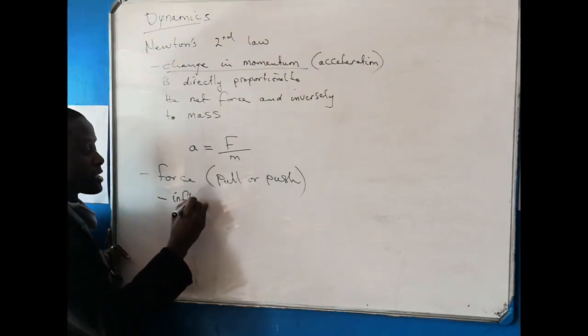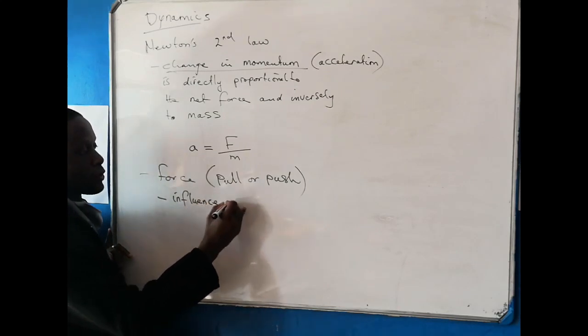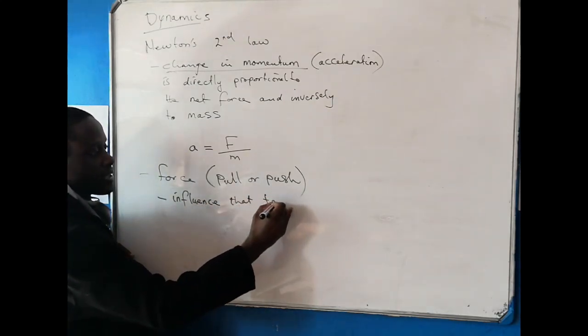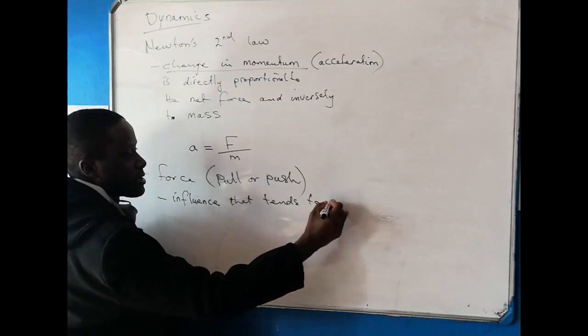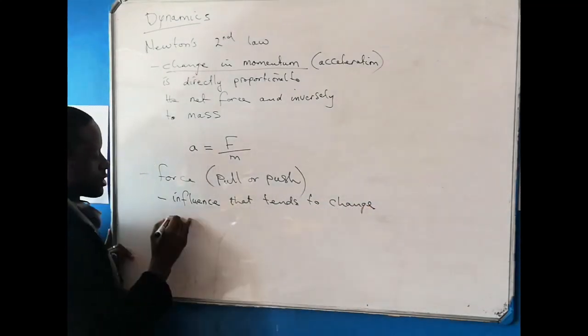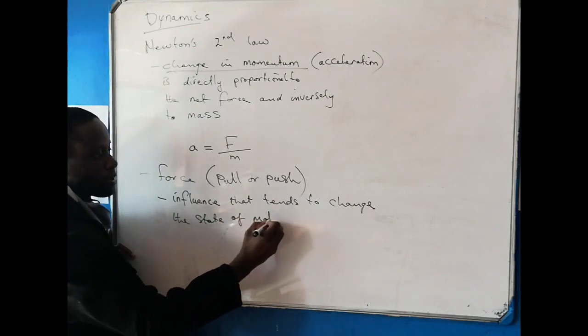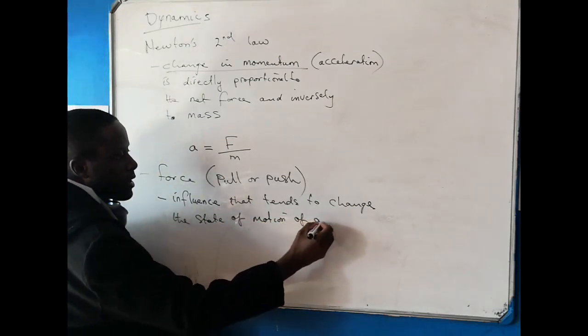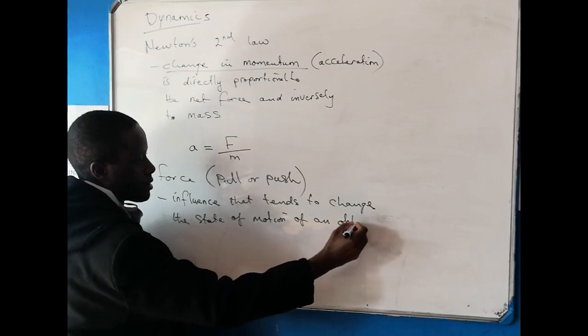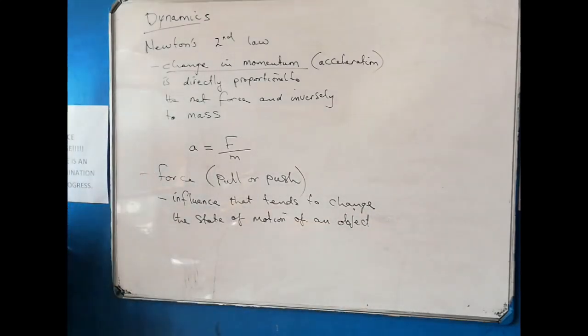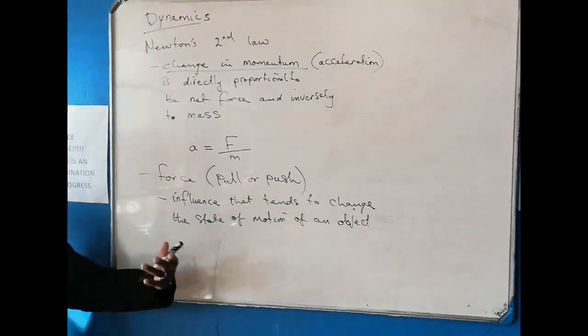I told you this in grade 3. An influence that tends to do what? To change the state of motion of an object. That is what a force is. Sometimes it will change, sometimes it will not.